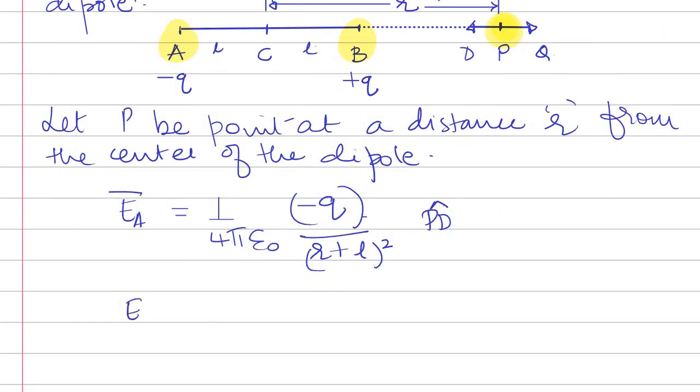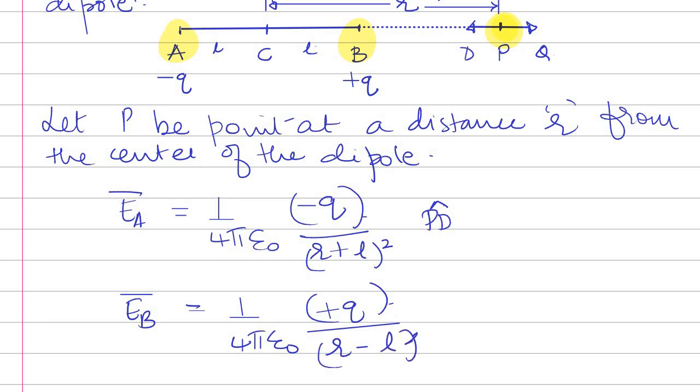Similarly EB bar, which is closer, would be equal to 1 by 4 pi epsilon 0, charge here is plus Q, so plus Q upon R minus L the whole square, because here L is reduced from the whole distance R. Please note this, it's very important because the whole proof depends on this.